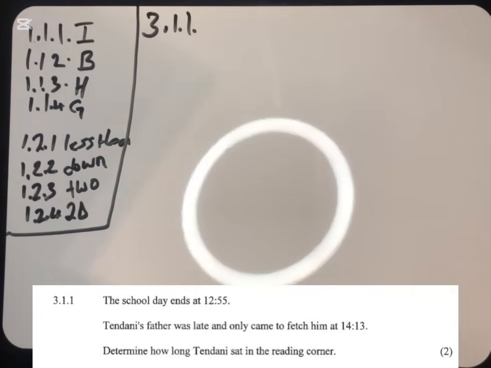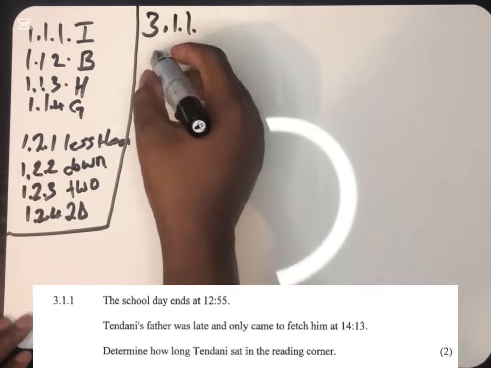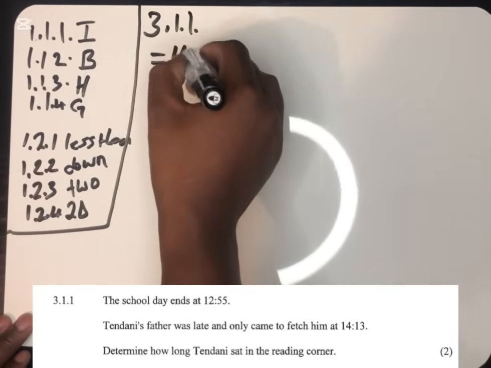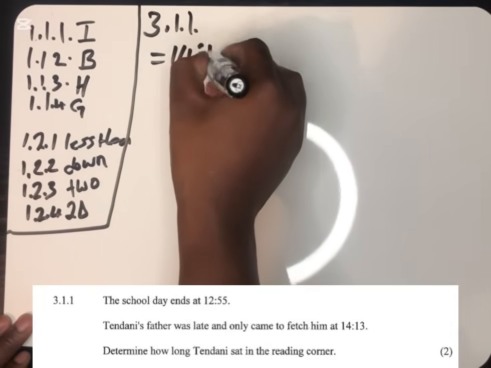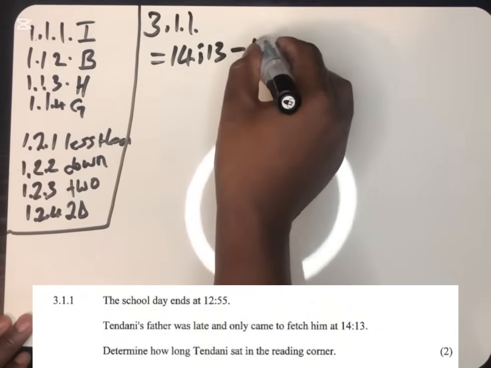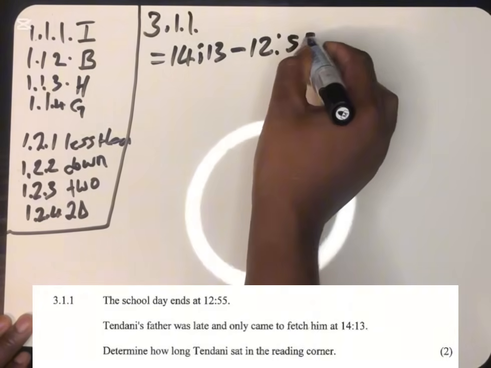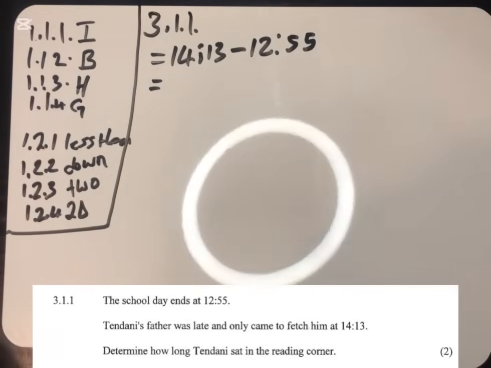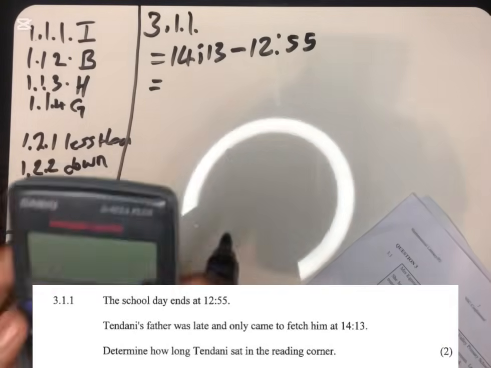So we can see that Tendai sat from 12:55 up to 14:13. To calculate this, we say 14:13 minus 12:55. So let's check how long he was sitting in there. We use a calculator.